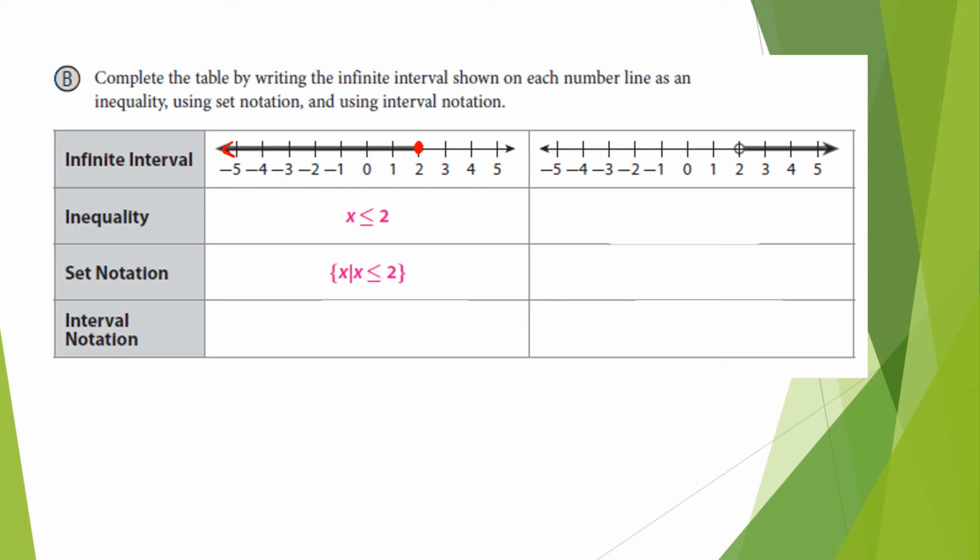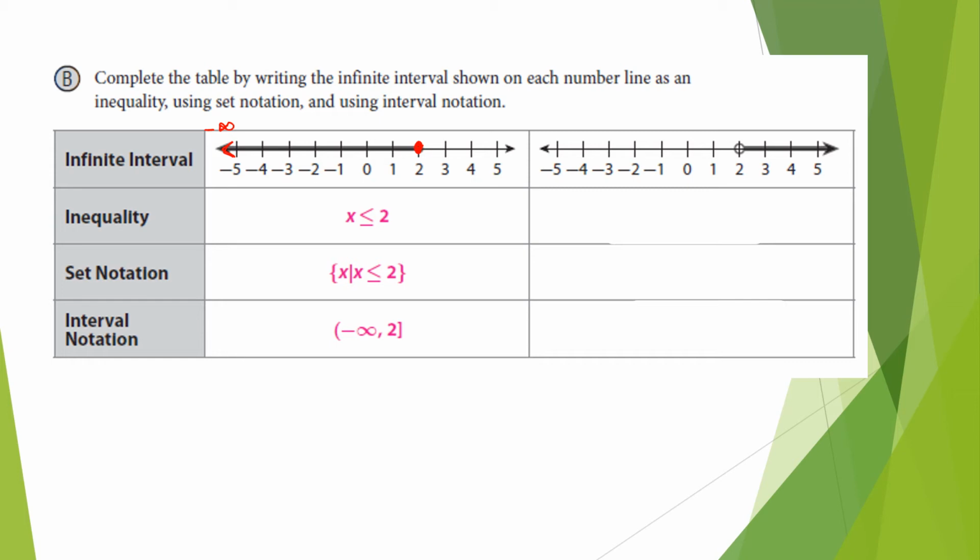It's very important to close the braces. For the interval, I should write the smallest point first. If I can see here, there's no number, so it's negative infinity. Then the maximum is 2. Negative infinity is always open, always open.